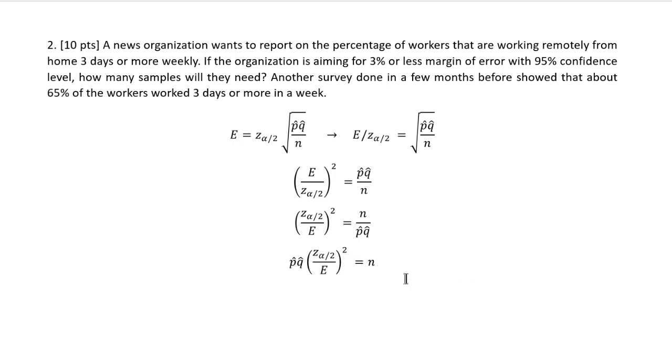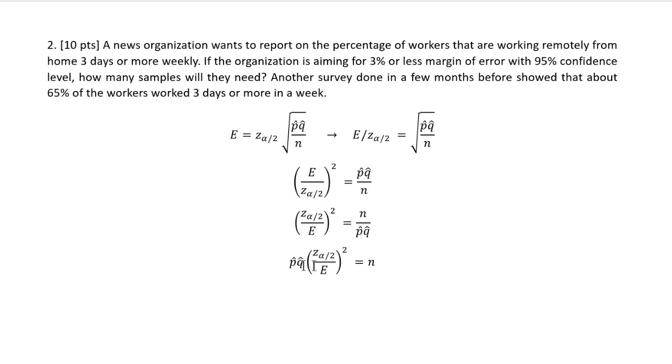And here's a dilemma. In order to figure out what n is, you need to know what p hat is. But p hat is something that you obtain by doing the survey, right? So before you do the survey, you don't know what p hat is, and therefore there's no way to get n. But you want to know the value of n before you do the survey.